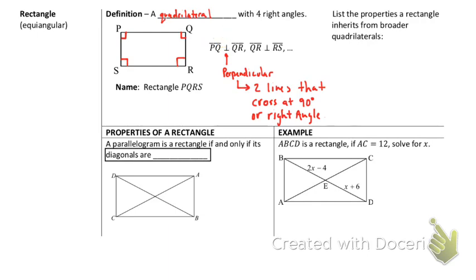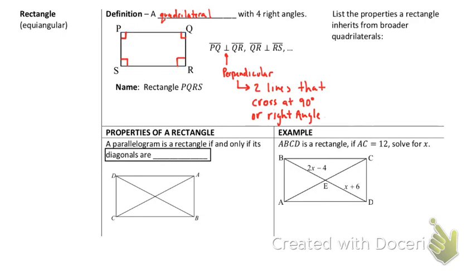So if you look, if I highlight these, PQ and QR, they cross at 90 degrees. And so do the other set of sides. And that's the definition of a rectangle.